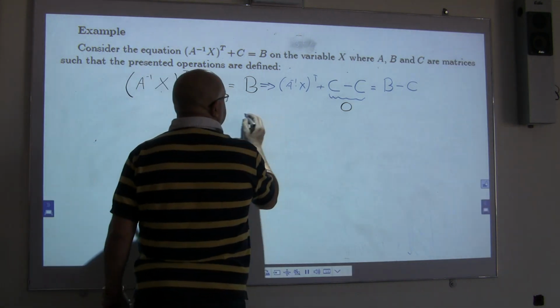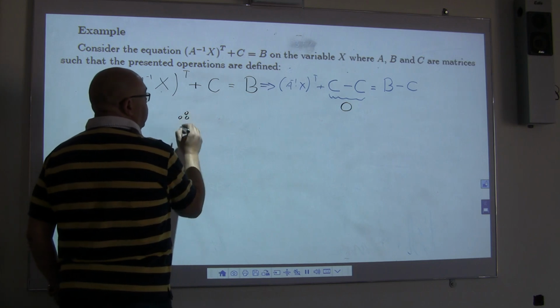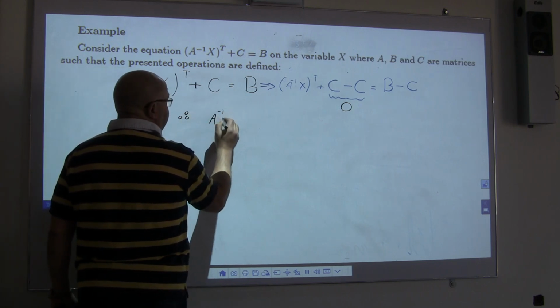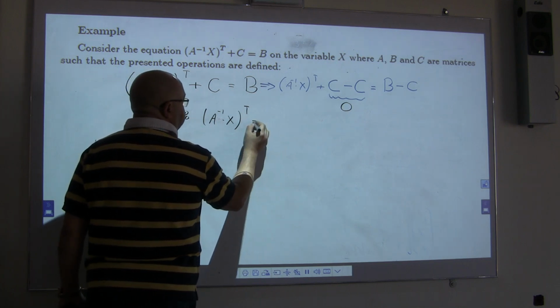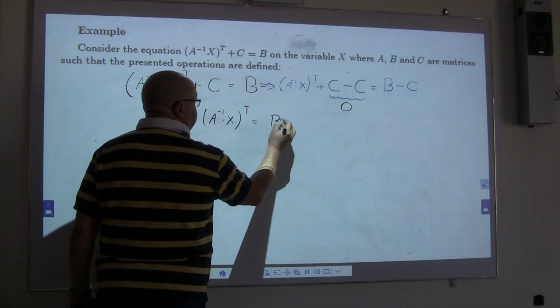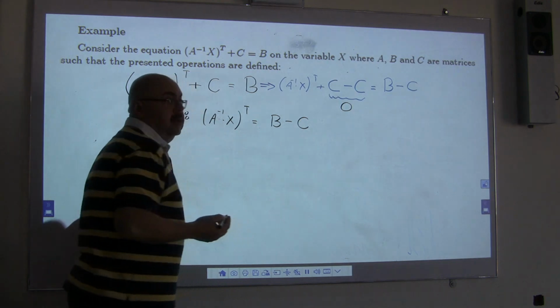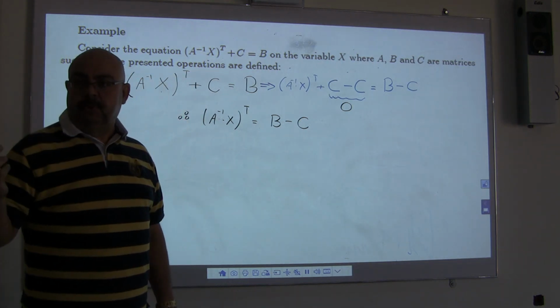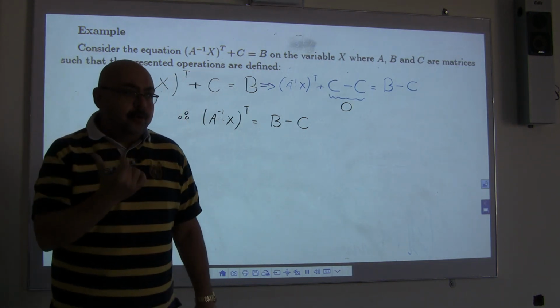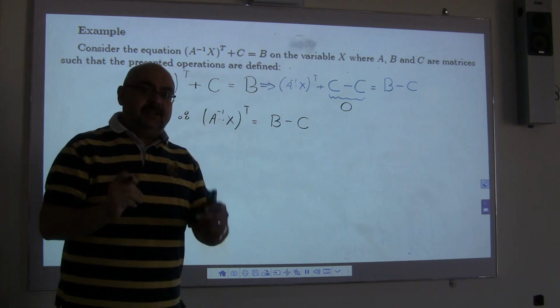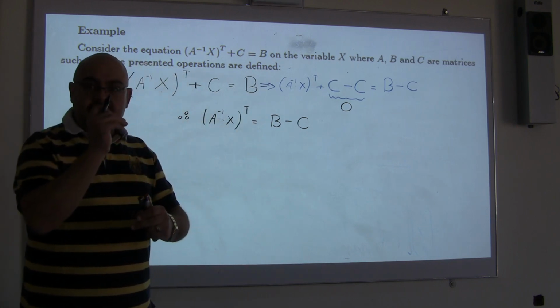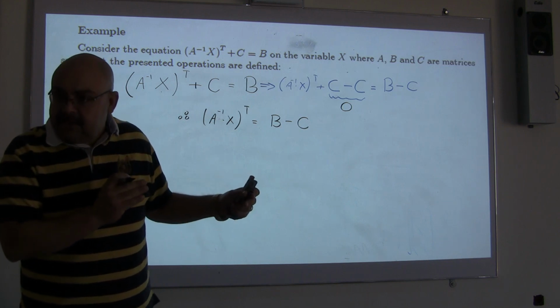Next step, we will have minus 1 times x, still with the transpose. On the other side, we will have b minus c. I need to break the transpose. We already know from the properties of the transpose that a transpose of a transpose regains the main matrix.